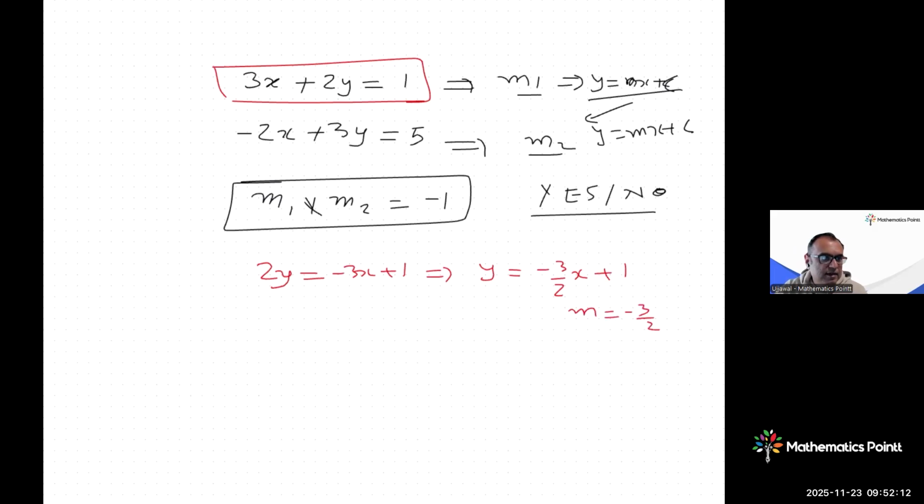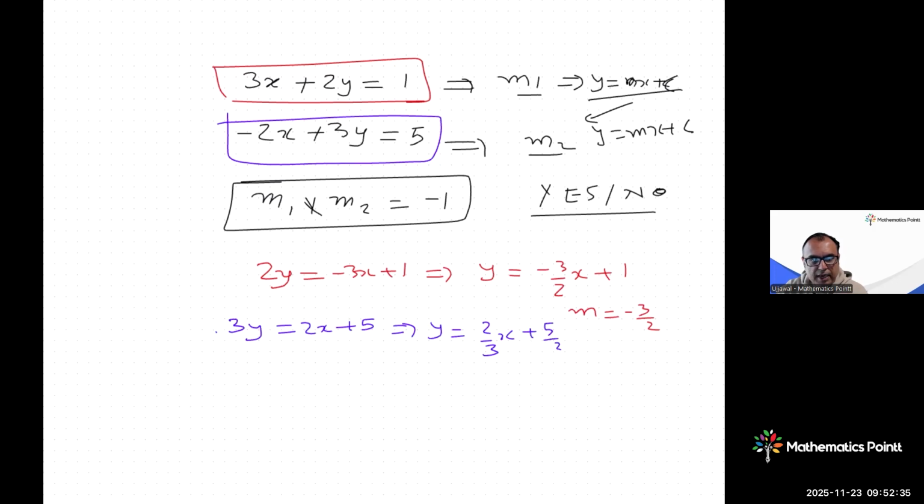Let's pick up the second line and I'll change the color. 3y equals 2x plus 5, so y equals 2 on 3 x plus 5 on 3. So this was my m1, and my m2 is 2 on 3.